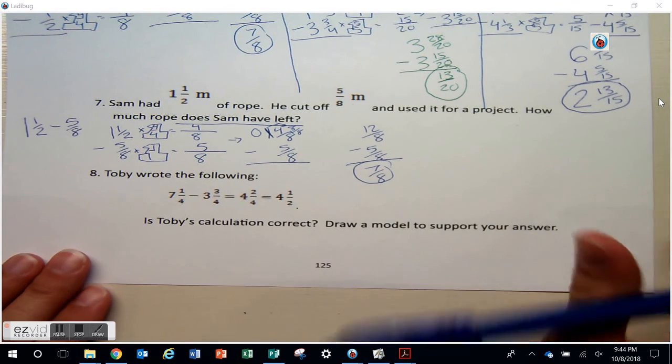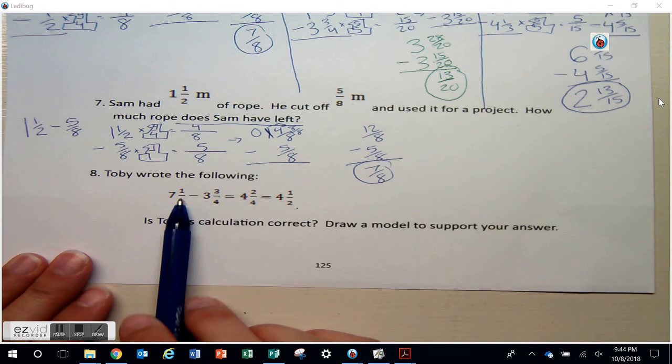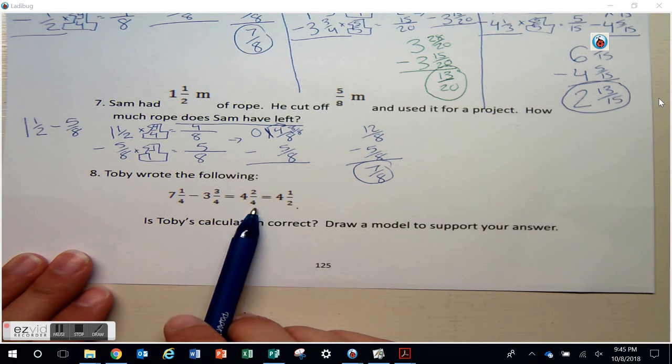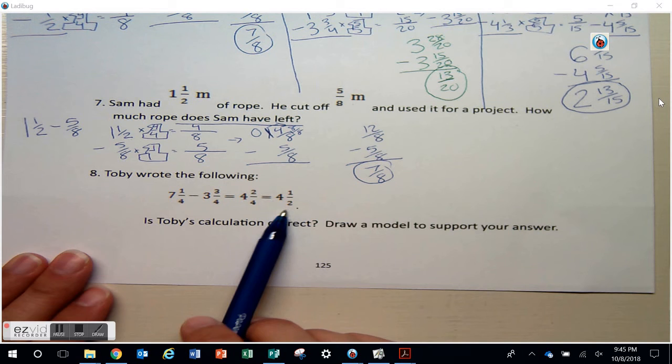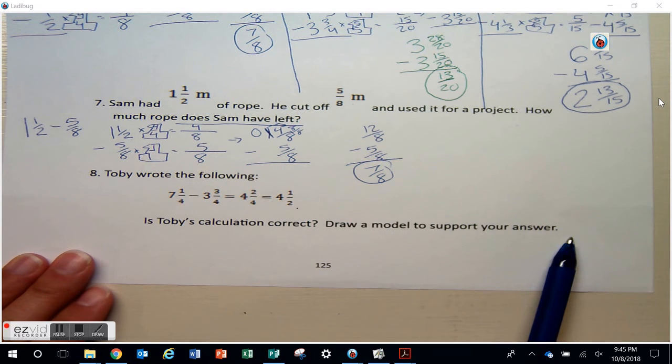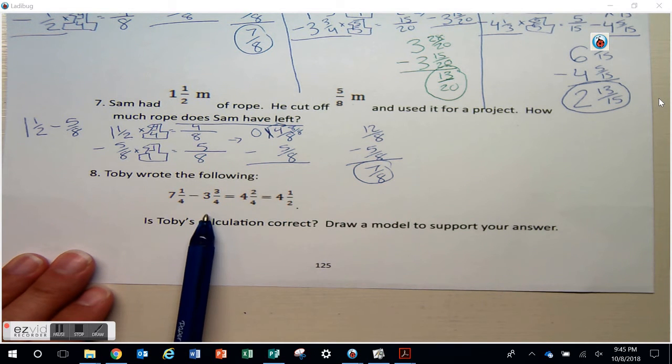Toby wrote the following. 7 1/4 minus 3 3/4 equals 4 2/4 equals 4 1/2. Is Toby's calculation correct? Draw a model to support your answer. Well, is it correct? Let's see. 1/4 minus 3/4, I couldn't do that. I'd have to borrow.